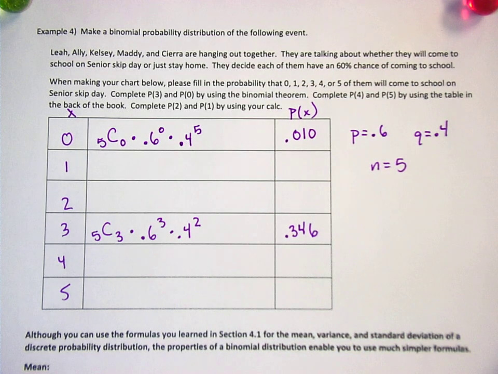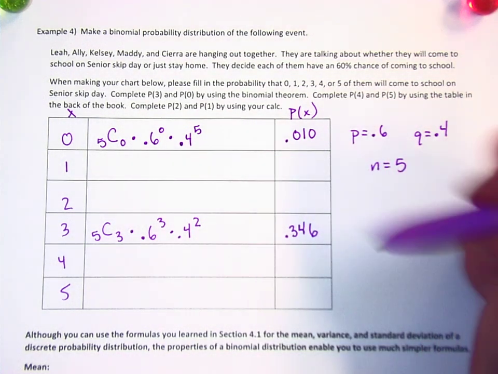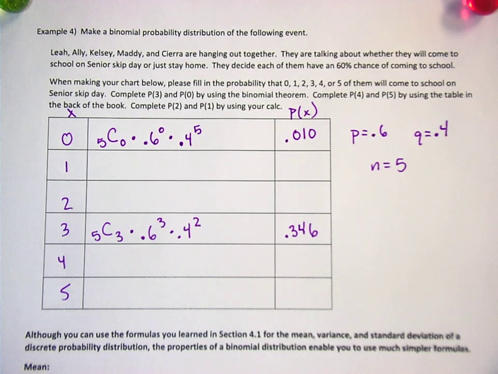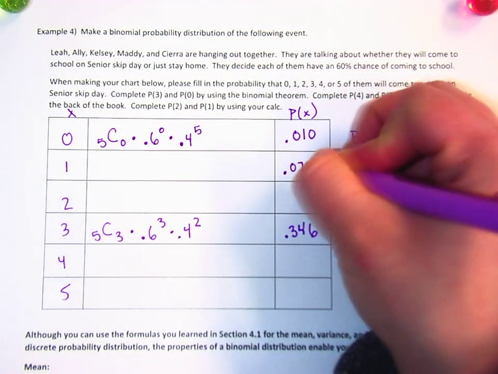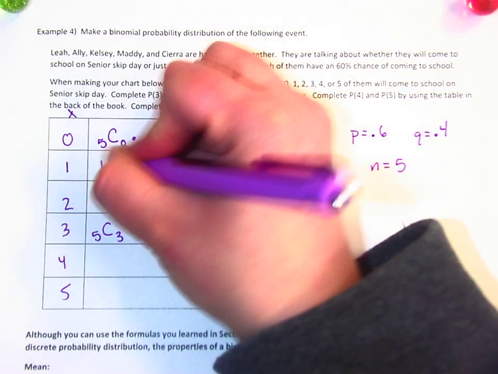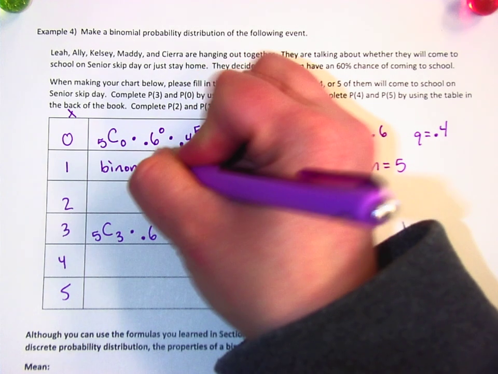And then on 1 and 2, I said I was going to use the calculator, so second distribution, binomial PDF, 5, 0.6 is my success, and 1. I got 0.0768. That was a binomial PDF.